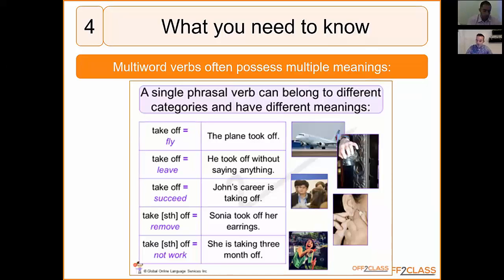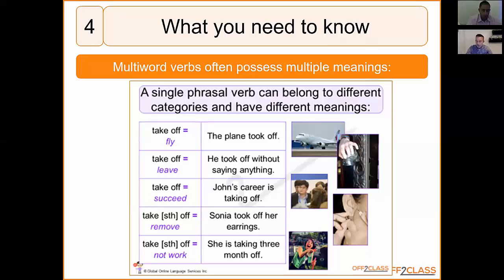There's no object here, and it's probably the first meaning of take off that students will encounter. However, we've got another one underneath. Again, it's intransitive, and it means to leave. So already you've got two meanings for the same one. Third, another intransitive sense. If something takes off, it succeeds.